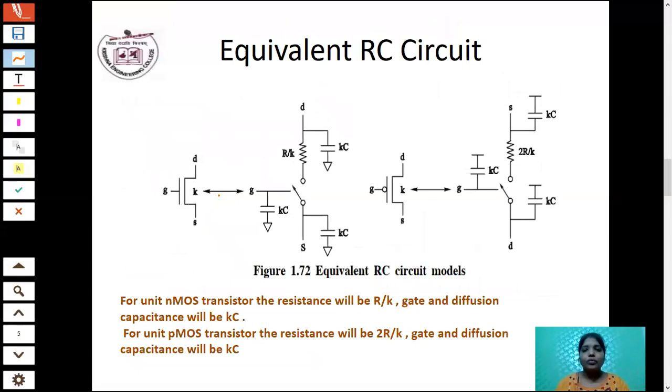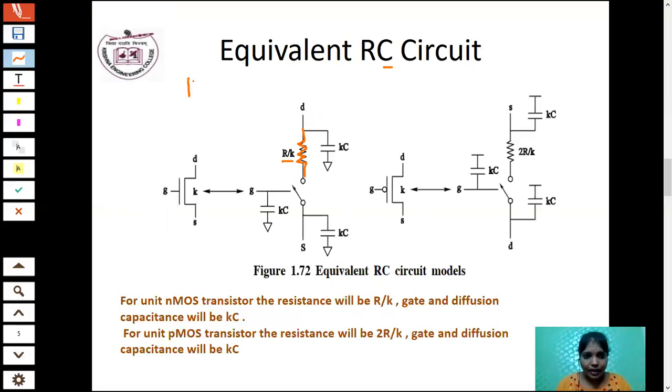Okay. So now we will see the equivalent RC circuit. Here I am considering the NMOS transistor. As I told you earlier, in the RC delay model, I am going to consider the capacitance. This transistor is going to act as a switch, and I am going to connect one resistance value. Already I told you that for the NMOS transistor, the resistance value is given by R by K. Similarly, I am going to consider the capacitance value also.